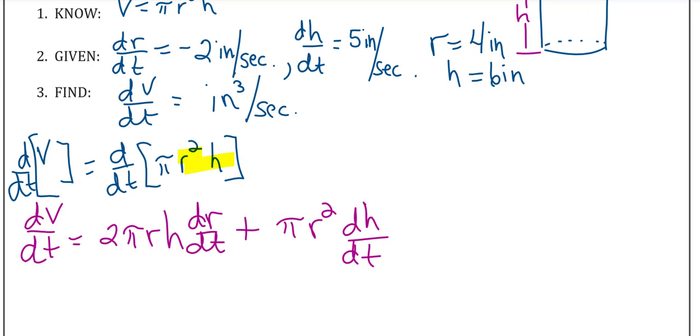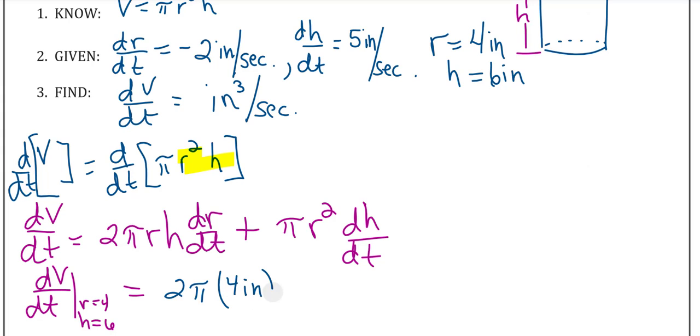All right, the nice thing for this one is we don't have to solve for everything. We can just fill in all our numbers. So dV/dt, when r is 4 and h is 6, becomes this equation: 2 times pi times 4 inches times 6 inches times my rate, which is negative 2 inches per second for the radius.